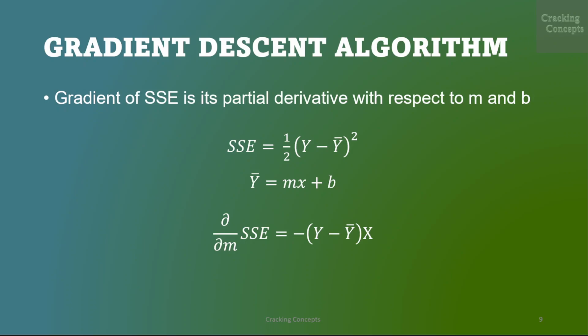First, we will find the partial derivative of SSE with respect to m. On substituting, (y minus y bar) the whole square will become 2 (y minus y bar). These two will get cancelled, and since the rest are constants and we are doing this with respect to m, we will get the value as minus of (y minus y bar) into x.